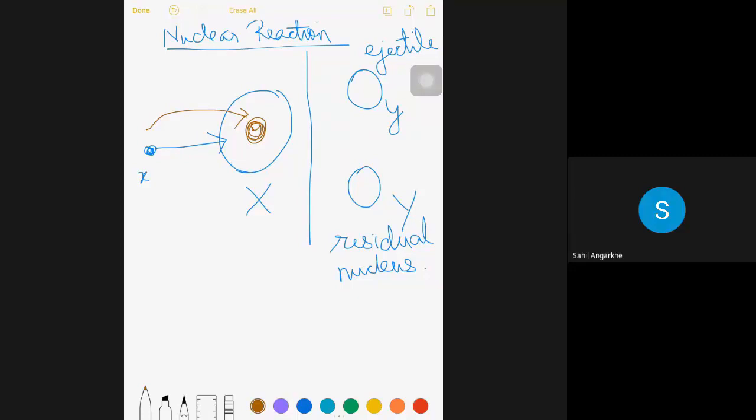The capital Y is known as the residual nucleus, and the small y is known as the ejectile. Similarly, this is called the target nucleus, and this small x is known as the projectile.